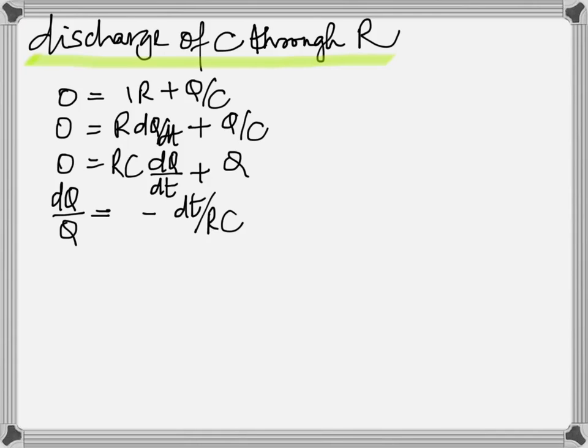Now, the important thing is when you integrate, what are going to be your limits? What are your limits of integration? You have a fully charged capacitor that is discharging. So, Q to 0. Wait. It'll be Qm to Q. Because we do not know whether a capacitor would get completely discharged.